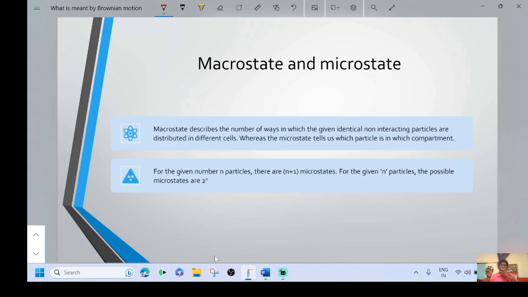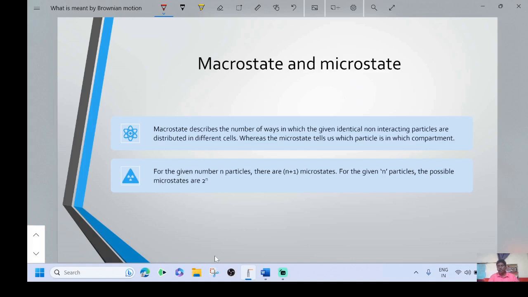A macrostate describes the number of ways in which the given identical non-interacting particles are distributed in different cells, whereas a microstate tells us which particle is in which compartment.